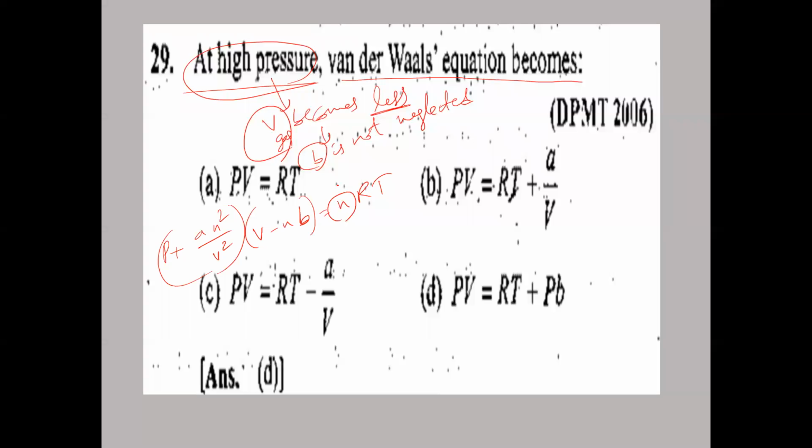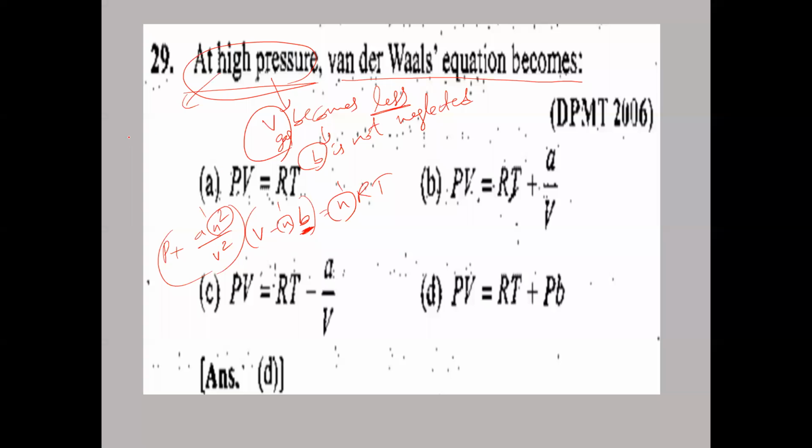If you take 1 mole, n will be 1. For 1 mole of gas here, B cannot be neglected. B should be present in the formula. But here, the pressure correction can be neglected.